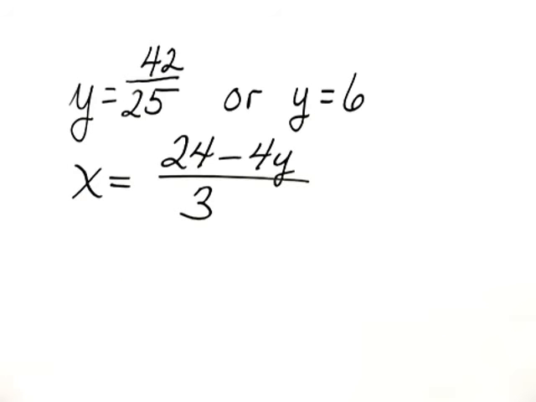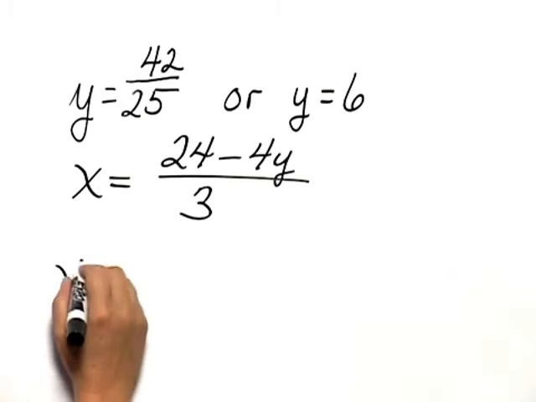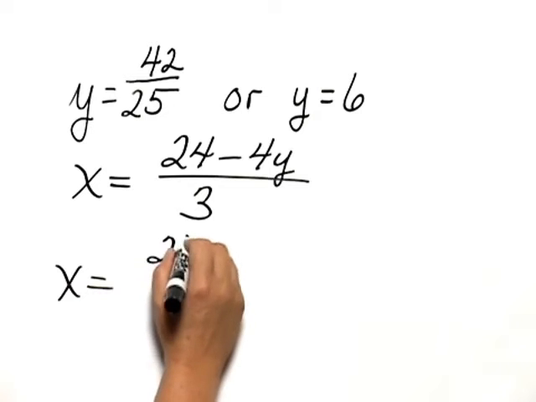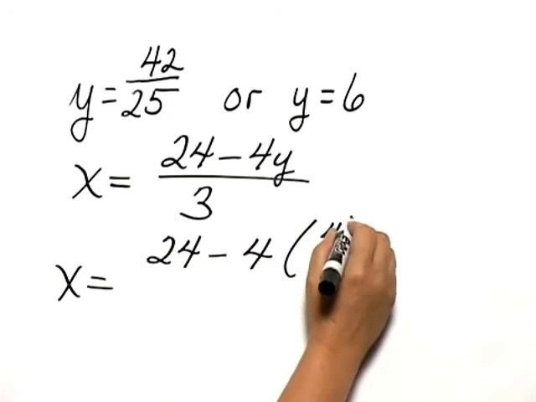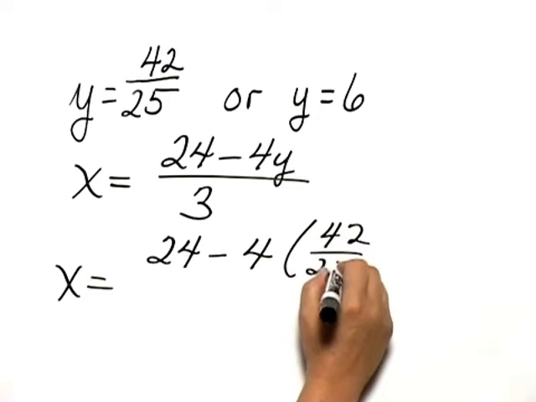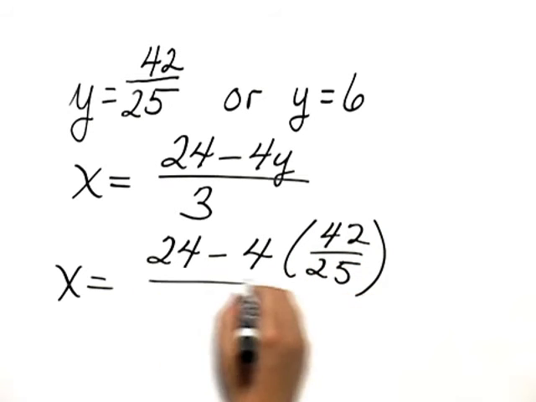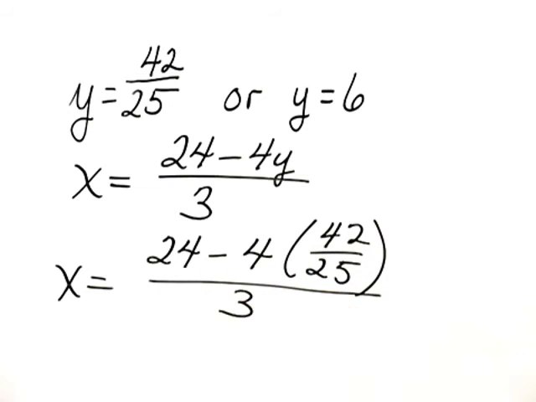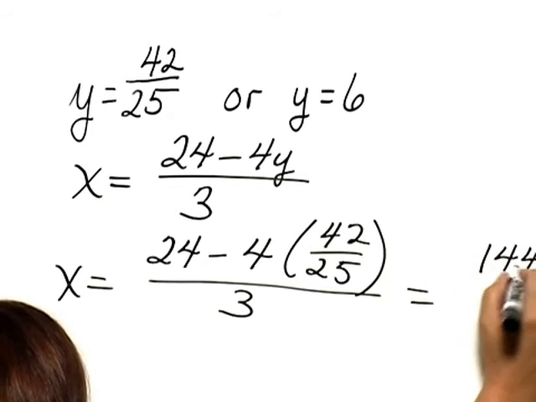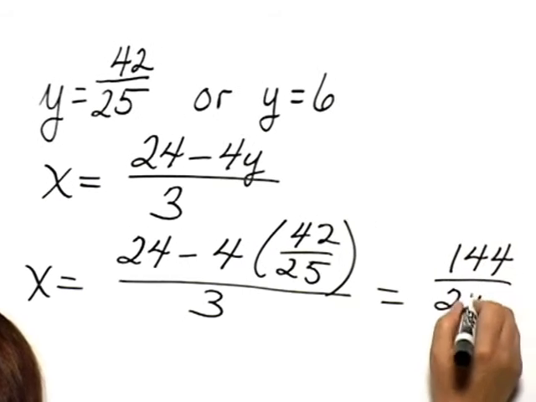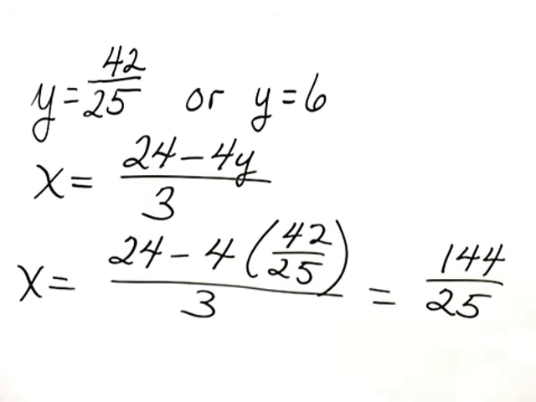So if y is 42/25, then x is 24 minus 4 times 42/25, all divided by 3. And when we work that out, we have that x is 144 over 25. That gives us one solution.